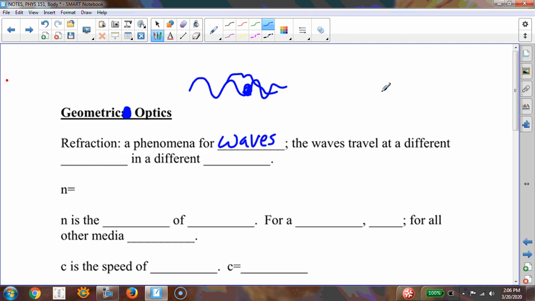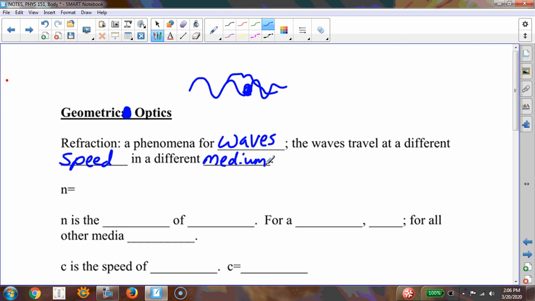And it results because waves travel at different speeds in different media. If a wave goes from one medium to another, from water to air, from hot water to cold water, then the wave will travel at a different speed.